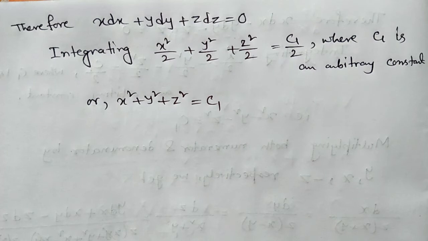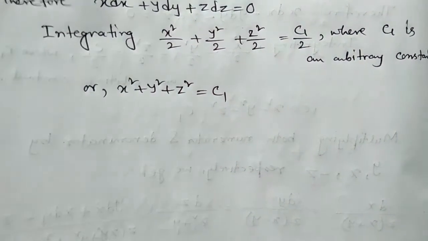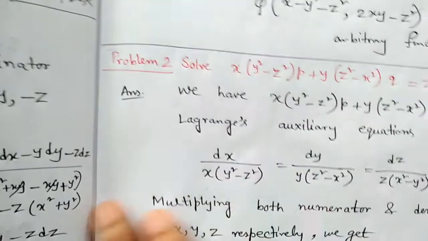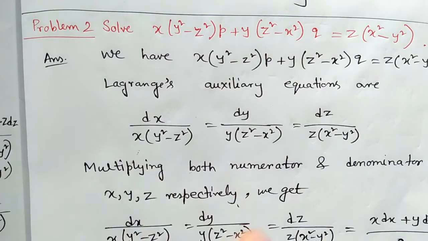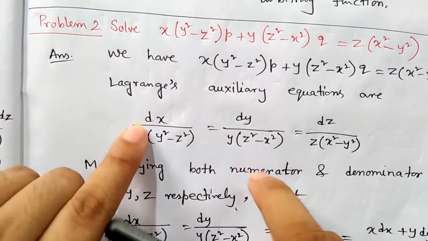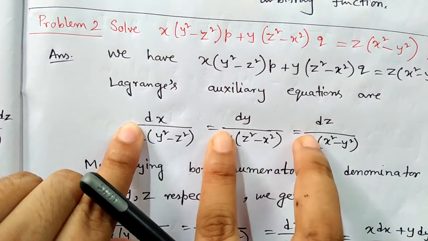Now again we multiply both numerator and denominator. Okay, see the multiplier. So this is our question. Now if we just see x, y and z, we cover it.